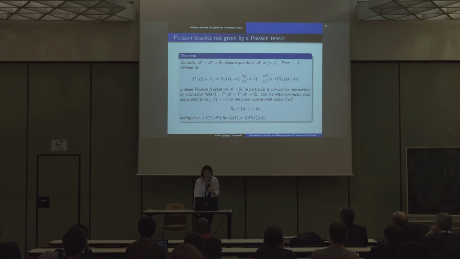I think I have to mention that you can find in the literature that the Leibniz rule implies the existence of a vector field, but as you see, it's not true, so be careful.